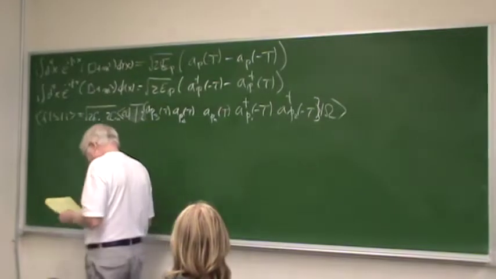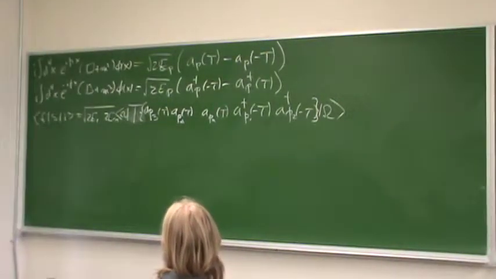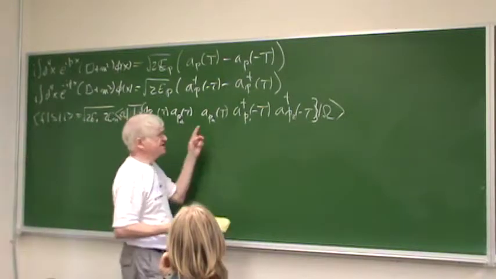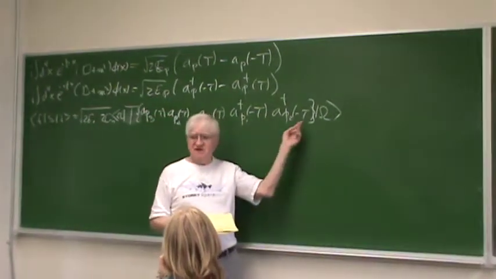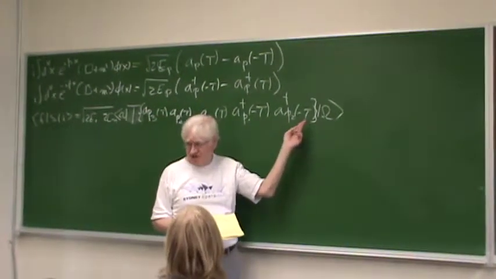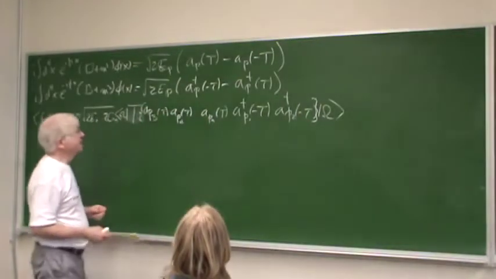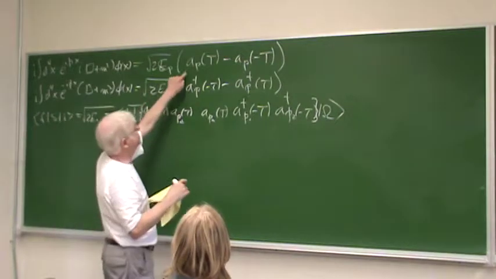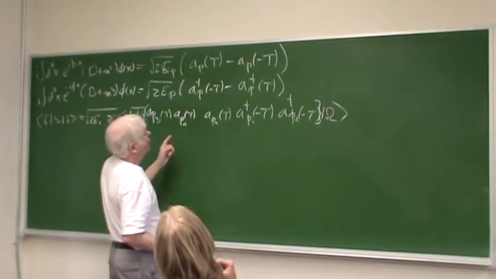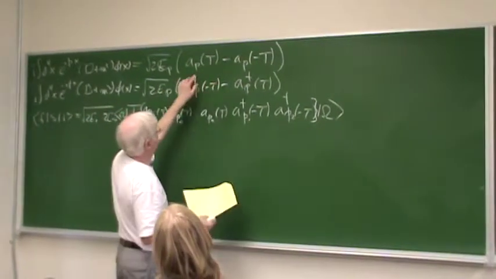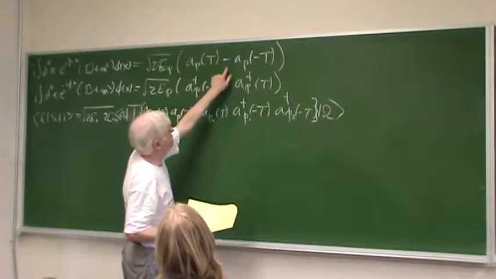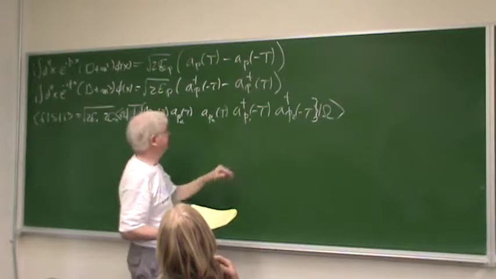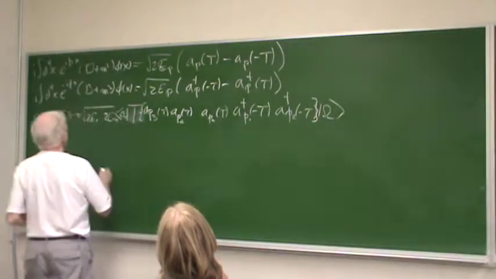Now, remember we said that none of the final state momenta coincided with any of the two initial state momenta. So we can replace every final state a_p of T with the difference between that and minus a_p of minus T. Suppose we do that. So then this thing looks like this.